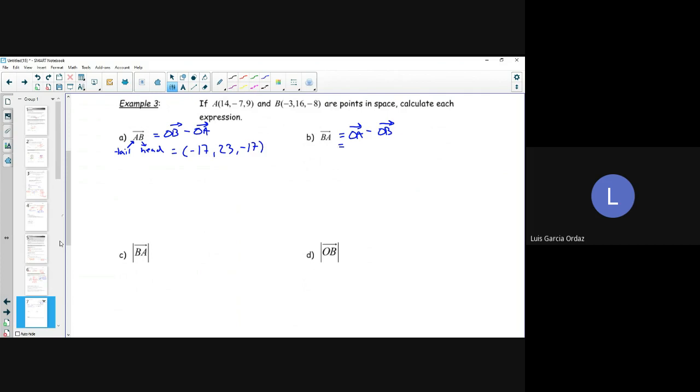Thank you, Lauren and Ricardo. It's going to be (17, -23, 17). So if we were to compare the direction of these vectors, what would they be doing? Would they be going the same direction or the opposite direction, given what we just found?